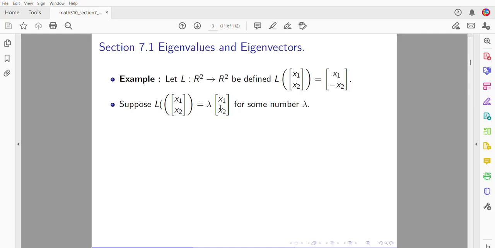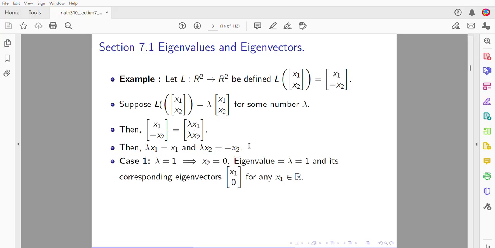Let's see, can we think of some examples? L of (x1, x2) is (x1, negative x2). This has to equal (lambda x1, lambda x2), which means lambda x1 has to be x1 and lambda x2 has to be negative x2. One case, take lambda equals 1. If lambda equals 1, that satisfies the first equation, but the second doesn't satisfy unless x2 is 0. So x1 can be anything, x2 has to be 0.